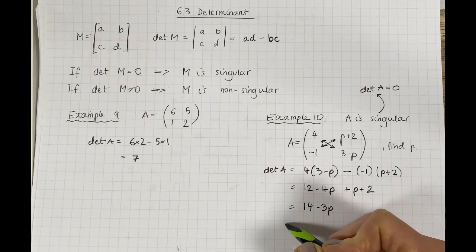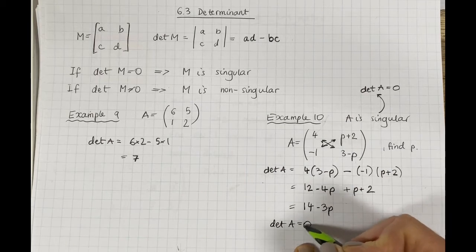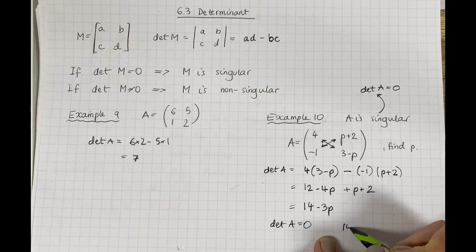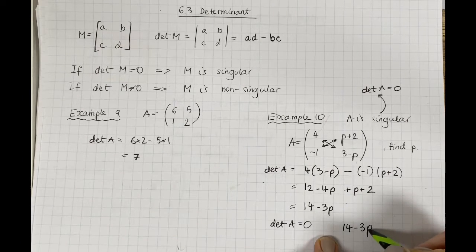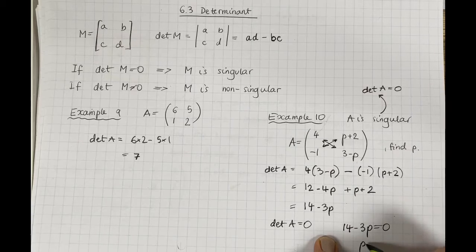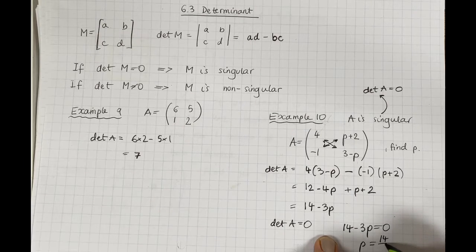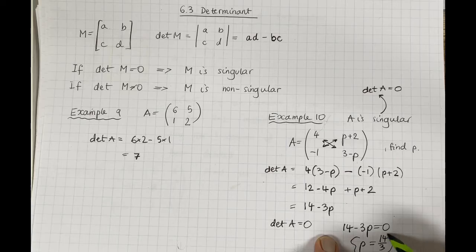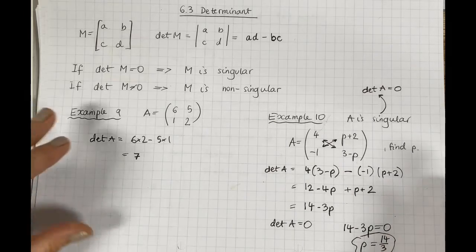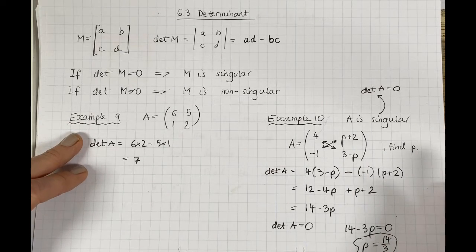But we know that det A is equal to 0, so that means that 14 minus 3P is equal to 0, so P is equal to 14 over 3. This is the only value that would make this matrix singular.